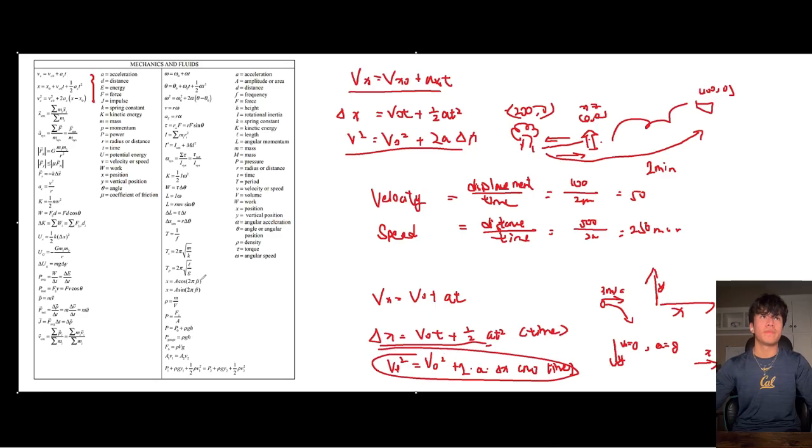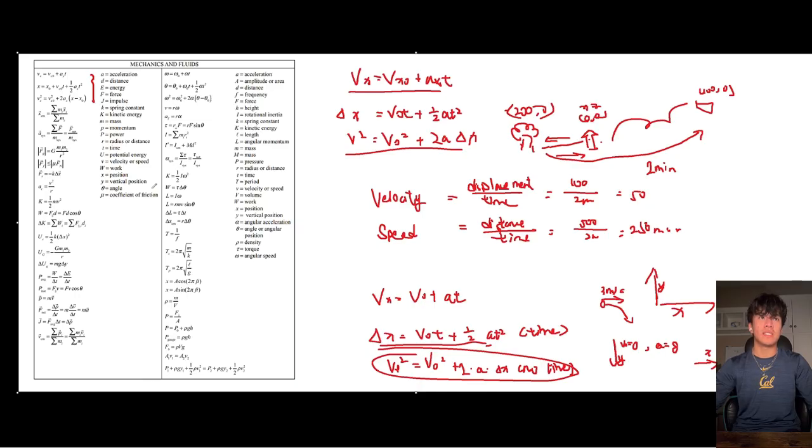Your final velocity squared equals v naught squared plus 2a delta x. The car stopped, so your final velocity is 0. So 0 equals your initial velocity, 20 meters per second, 20 squared, plus 2a, and your delta x is 40.